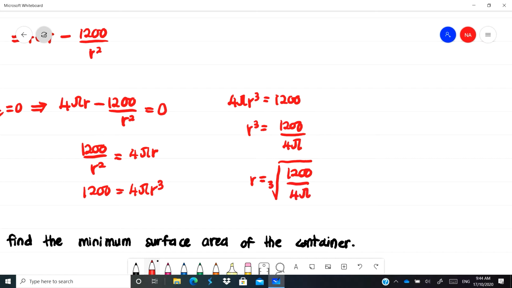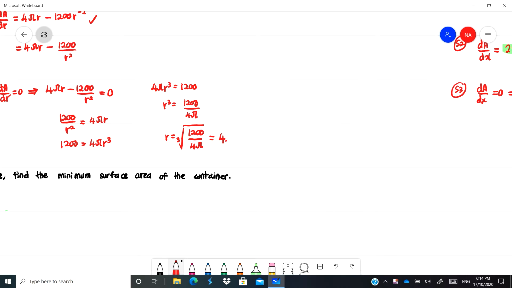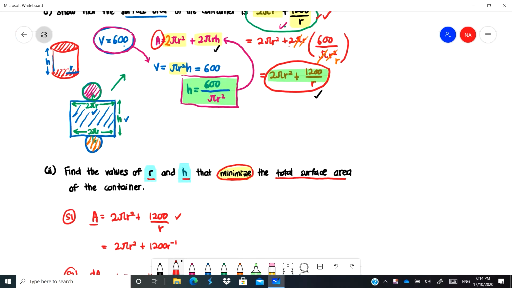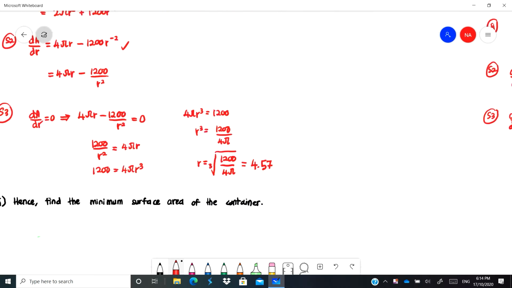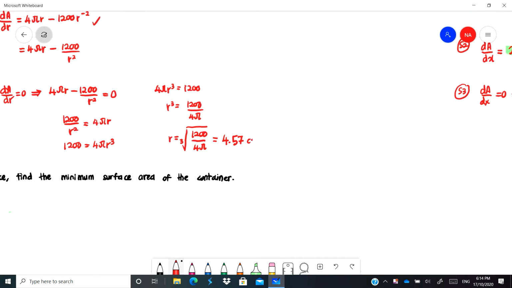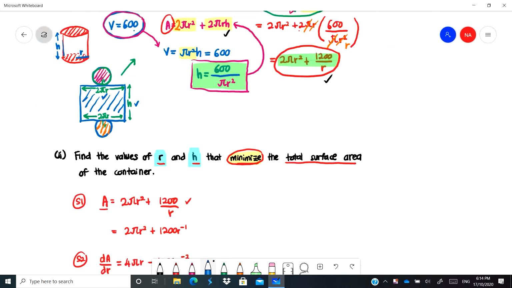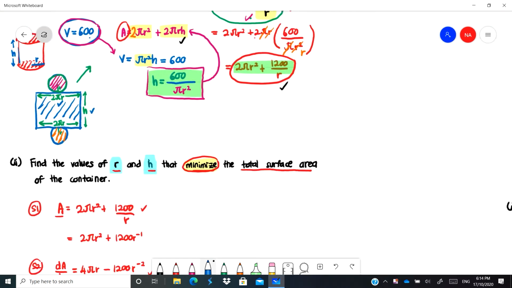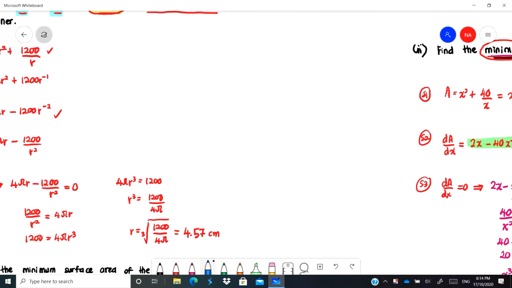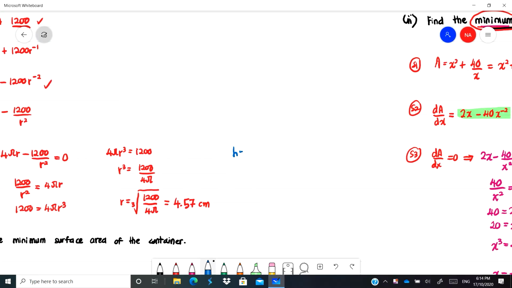Alright, so in this case, I guess we'll get something in the form of decimal. So we'll have 4.57, and in this case the unit is actually given in centimeter. So the value of r is 4.57, and we have to find the value of h, where the formula for h is given by 600 over 4 pi r squared, which is actually 600 over pi r squared.